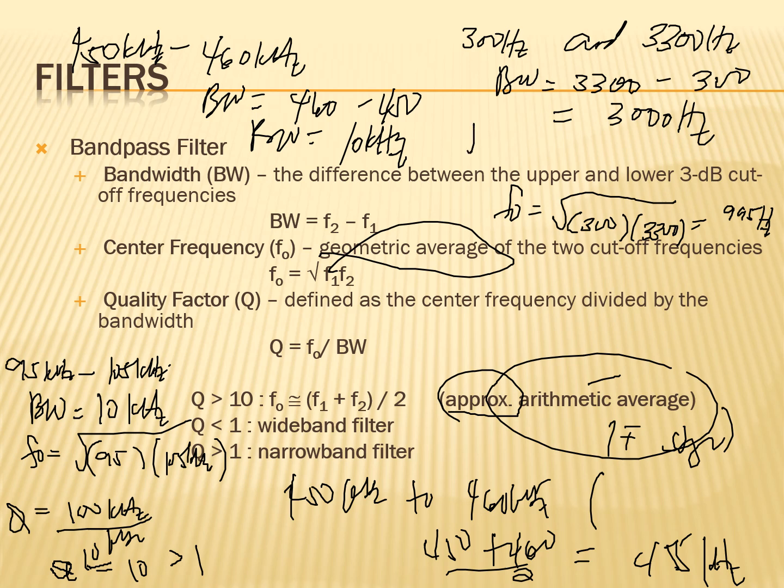So if our Q is equivalent to 1,000 divided by the bandwidth, which is equal to 3,000, this will give us 0.33, and this is less than 1. So if this is less than 1, therefore for telephone system or telephone design, we are going to make use of a wideband filter. So the formulas are very simple.